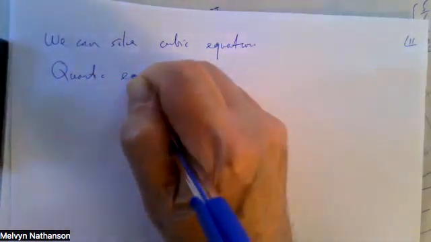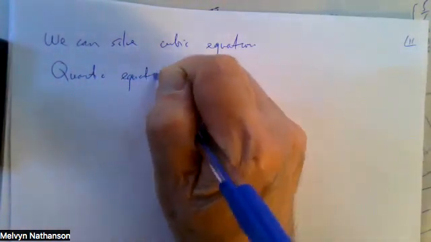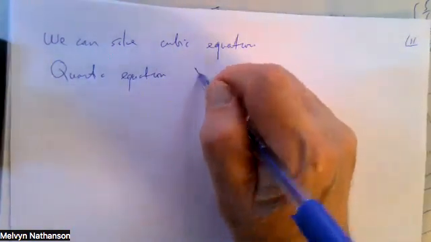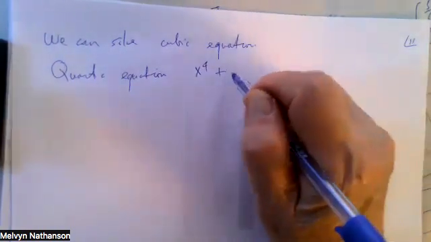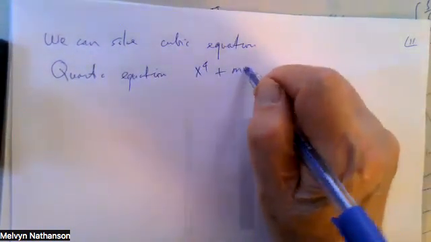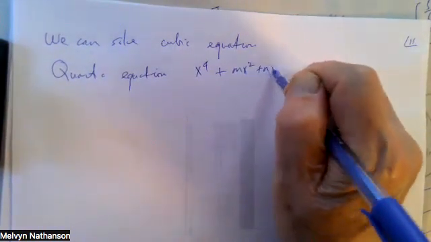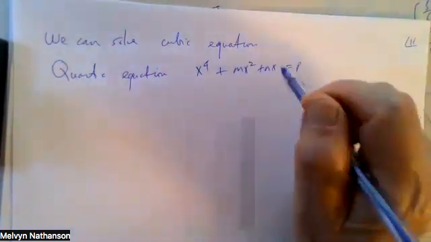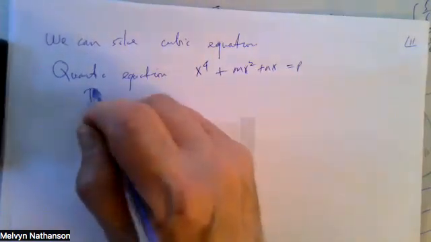What about quartic equations? Even in the depressed form, which would be like x to the 4th plus mx squared plus nx equals p, let's say. There is a solution.